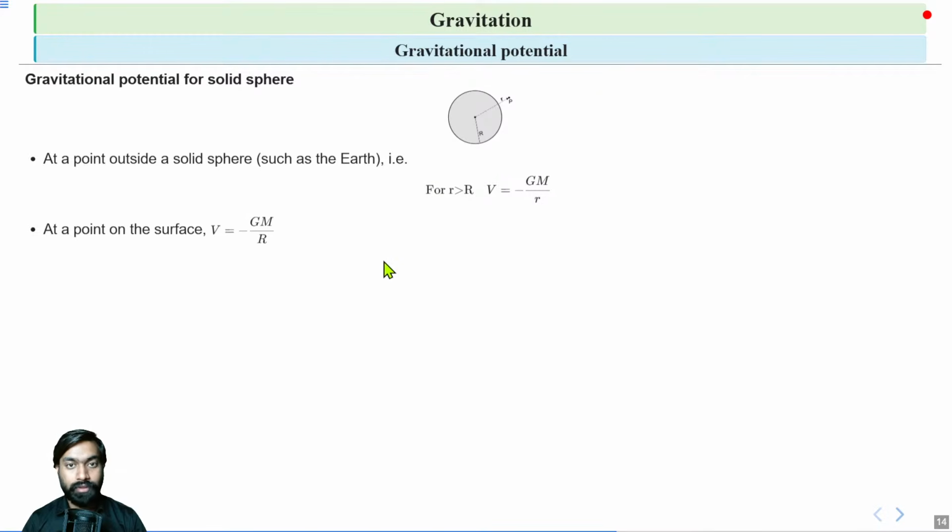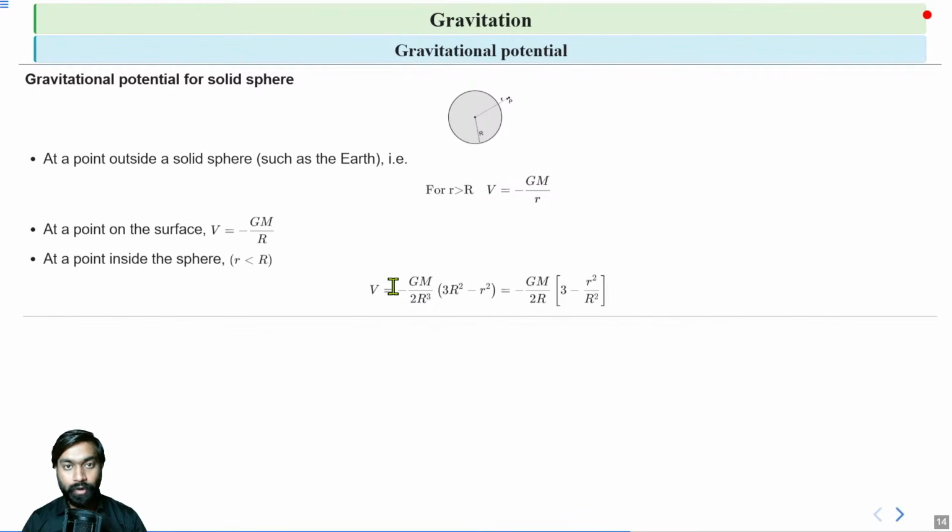And at a point on the surface, V equal to minus GM divided by R. At a point inside the sphere, small r is less than R, so V equal to minus GM divided by 2R cube into (3R square minus r square). Small r is the radial distance and capital R is the radius of the solid sphere.